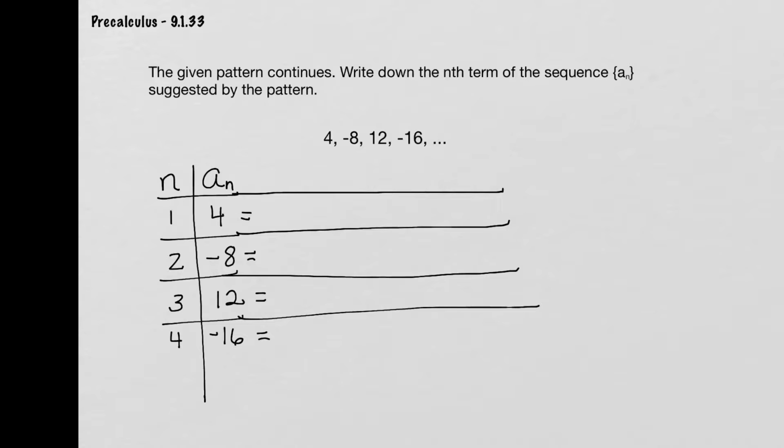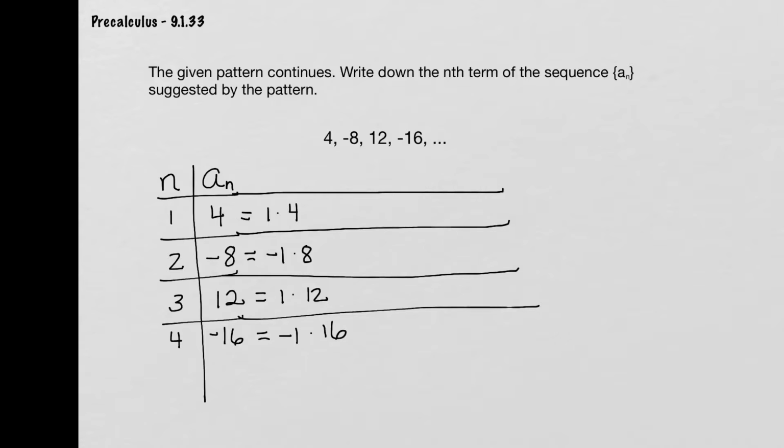So 4 I could write as 1 times 4, and negative 8 is negative 1 times 8. 12 is 1 times 12, and negative 16 is negative 1 times 16. So when we see this pattern of 1, negative 1, 1, negative 1, or negative 1, 1, negative 1, 1, it doesn't matter what the order is.